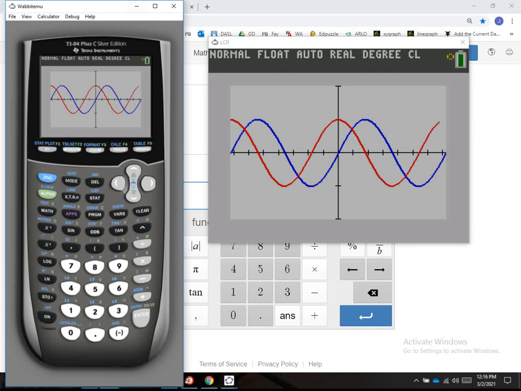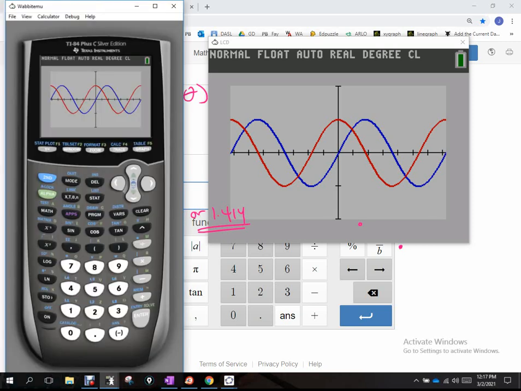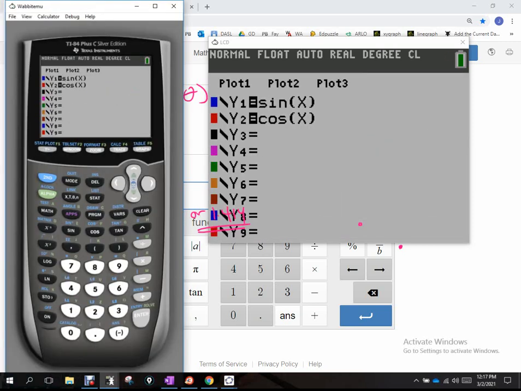Okay. What we wrote a minute ago right here was that the sine is the same thing as the cosine of 90 minus theta. So if this is x, it'd be 90 minus x. So what I'm going to try to do is rewrite this red graph, this cosine, as instead of cosine of x, I'm going to go 90 minus x, and graph.